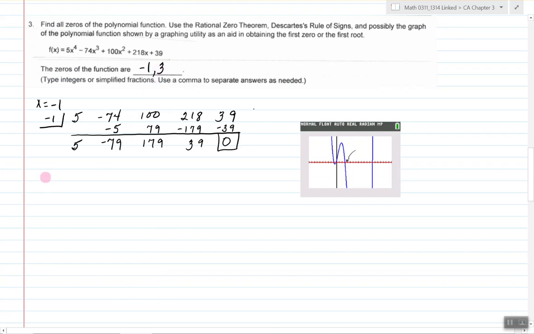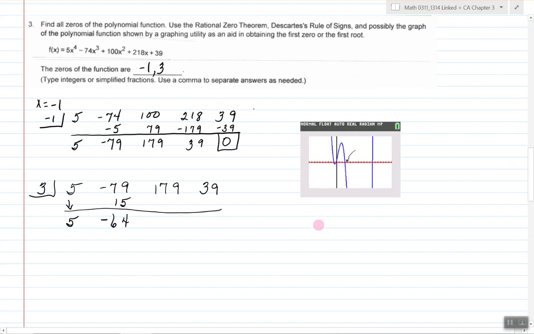I'm going to take that 3 and I'm going to divide it into the depressed polynomial, because dividing by the zeros that you have continues to depress it. Bring down the 5. 5 times 3 is 15. That gives me a 4, negative 64.